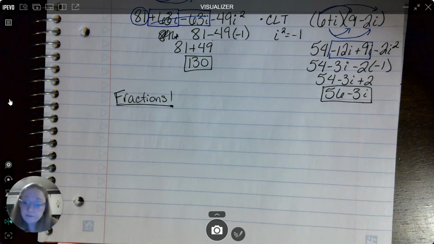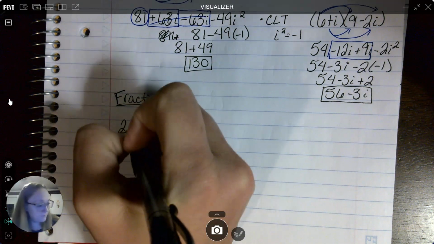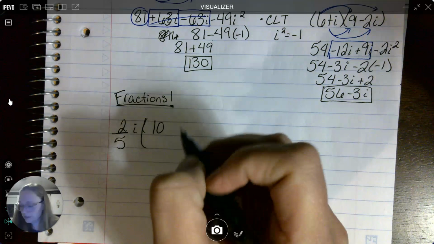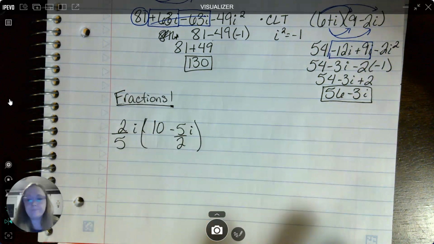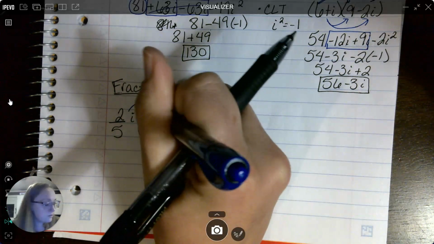Okay, so let's do a couple of these with fractions, because we're big kids. We're in high school. We're not afraid of fractions, right? So here we go. We get 2/5 i times 10 minus 5/2 i. We are going to distribute just like normal here.